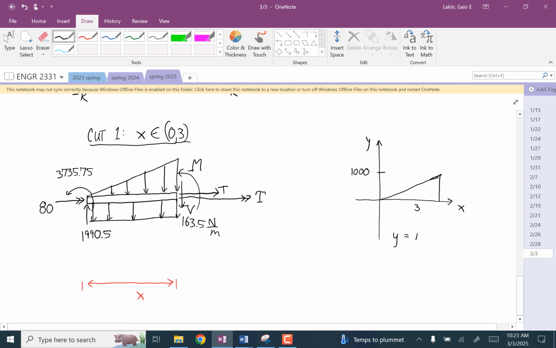So we know it's going to be y equals mx plus b. We know that b is 0 because at x equals 0 here, the height is 0. The slope is the rise over run. So that is a rise of 1,000 over a run of 3. And so that's 333.3 repeating times x. And so the height of this triangle is 333.3 repeating times x.